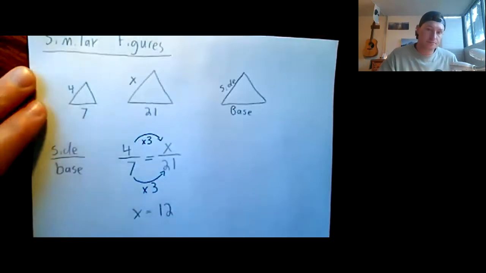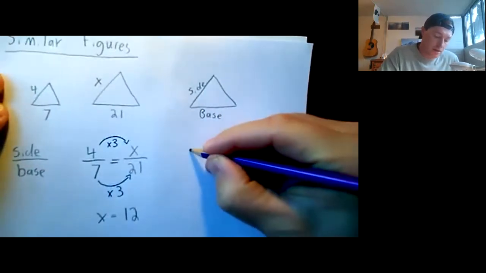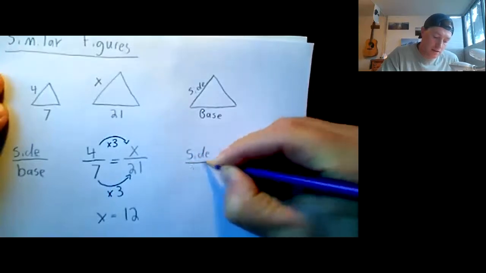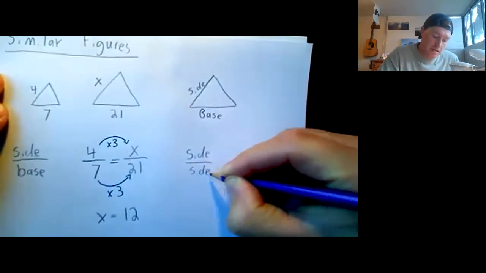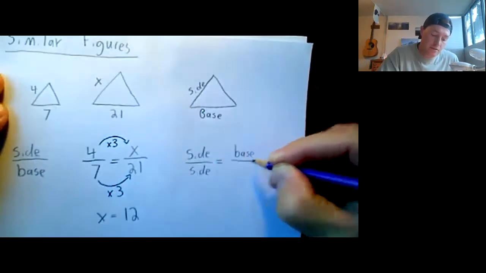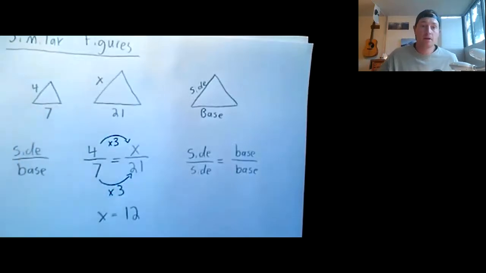Another way is we can do side to side equals base to base. This one's a little more complicated. Or it might not be. This one might vibe with you a little better than this one over here.